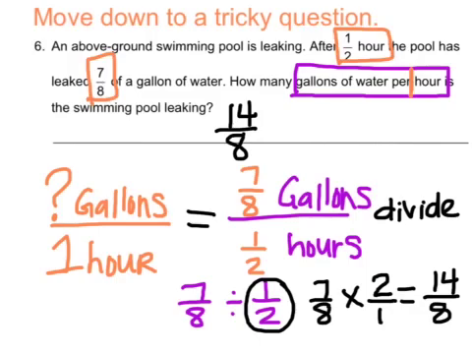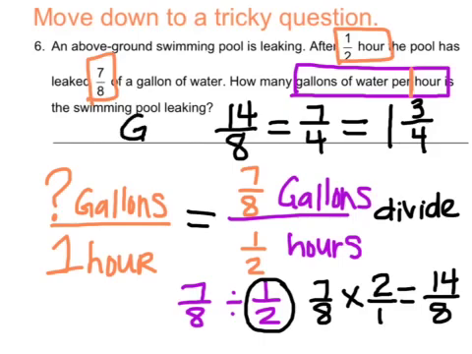14/8 is an improper fraction, but it can also be reduced. So I can turn it into 7/4. And then you might also turn it into a mixed number. 4 can go into 7 one whole time with 3 leftovers, and then the denominator stays the same.